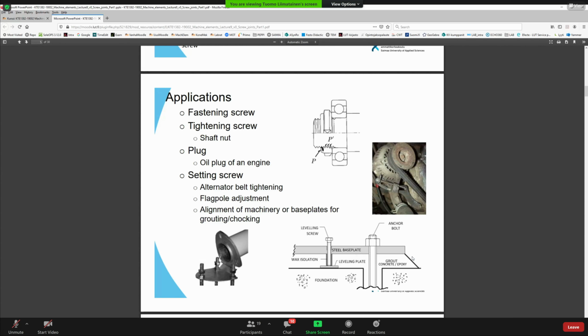This is, I would say, quite a common way of founding machinery in the industry. So you have a steel base plate where you need to attach some machinery, motor or pump or whatever. And the steel base plate is attached on leveling screws.